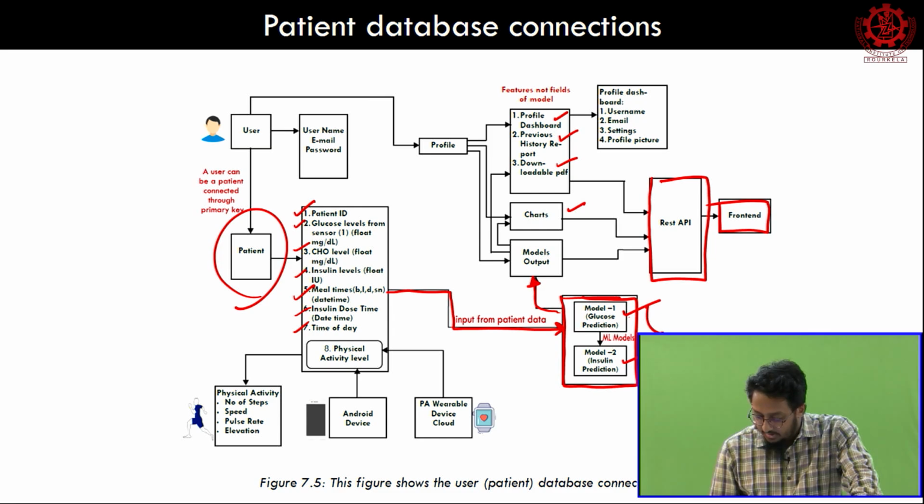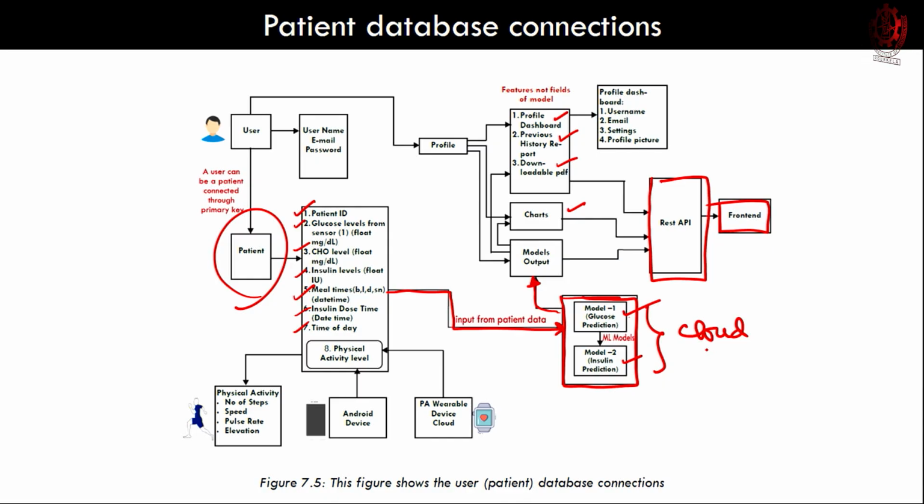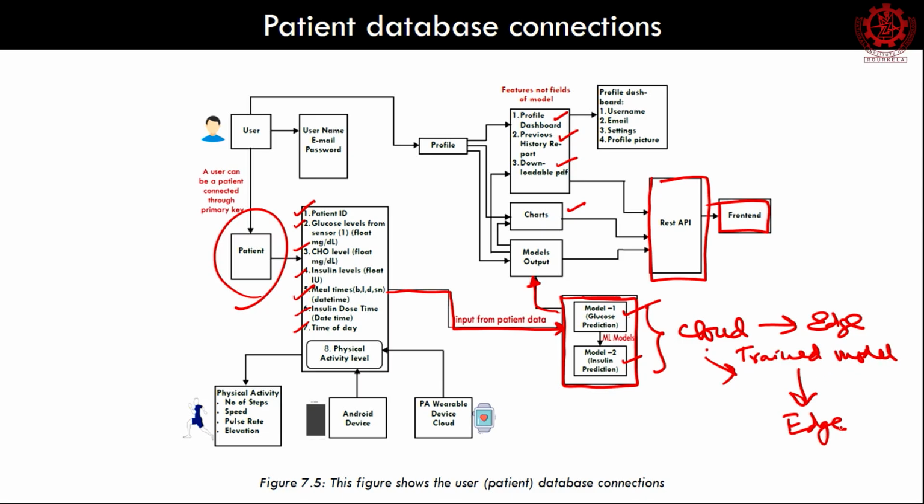This is currently running in the cloud, so it can be moved later on to the edge device, or you can download a trained model also. If you see that the model is not performing well, then a new version of the model can also be downloaded later on.